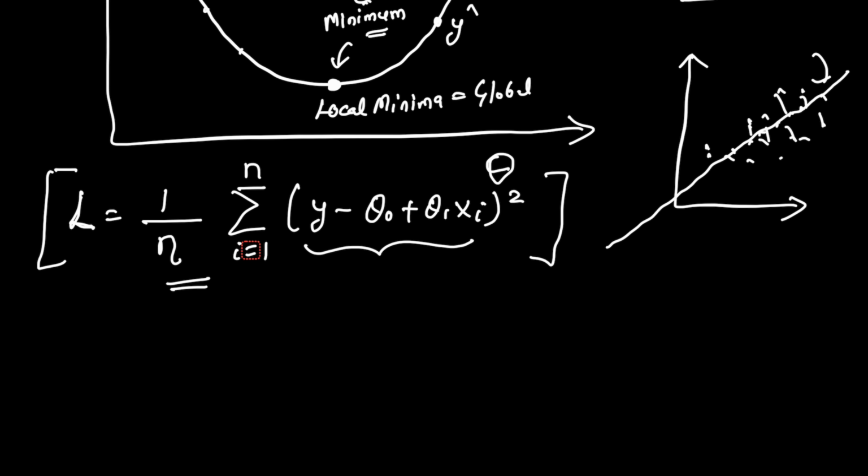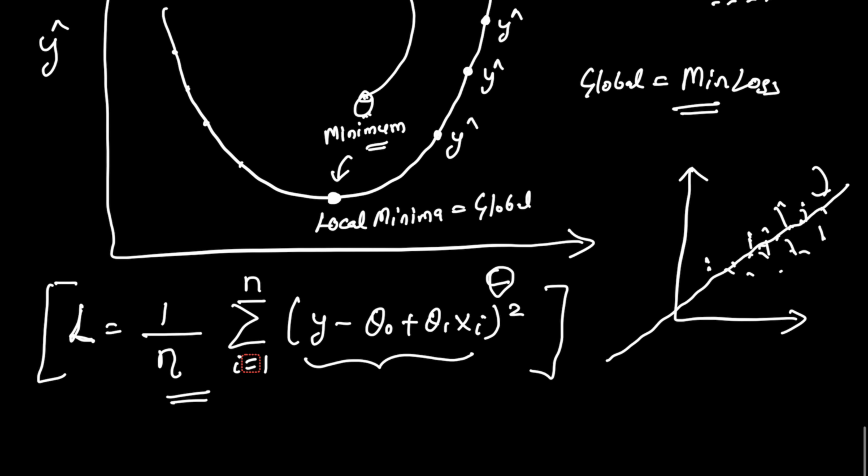Now how do we find it? Well, it's quite simple. How do I know that it's simple? If we somehow find out how this loss function is changing when we change this theta, let's say at this particular point I have some value of y cap. Now if I add a very small value of theta in here, I see that I get another loss here, which is actually smaller than this particular y cap, right?